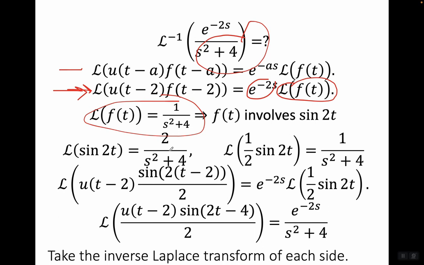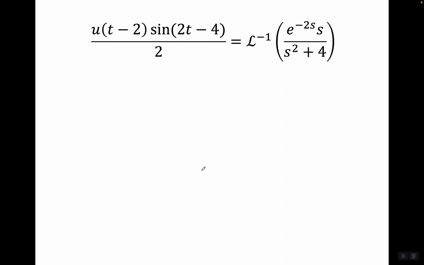Again, this is what we want for f of t, so that's just going to be f of t minus 2 from up here. When we simplify that, we end up with the Laplace transform of u of t minus 2 sine of 2t minus 4 all over 2 equals e to the negative 2s over s squared plus 4. Take the inverse Laplace transform of each side, and this is what we end up with. The inverse Laplace transform of this stuff, that's another inverse Laplace transform we needed to know, equals this.